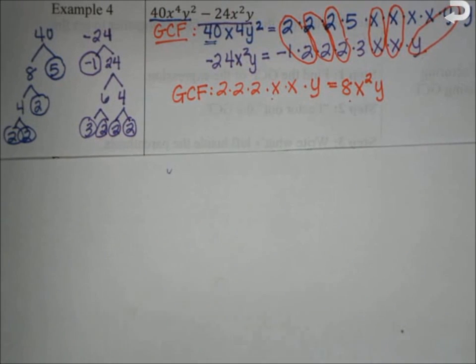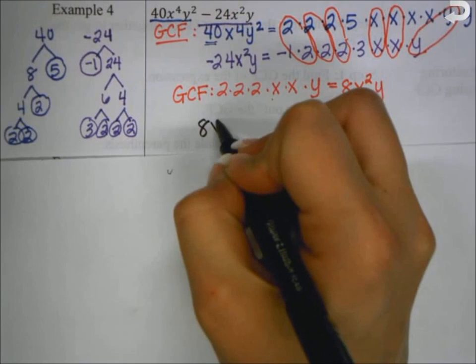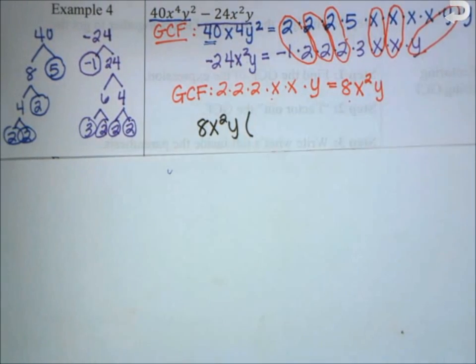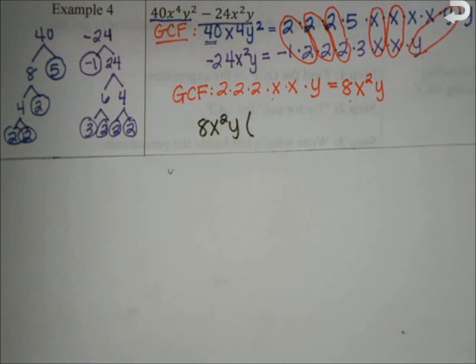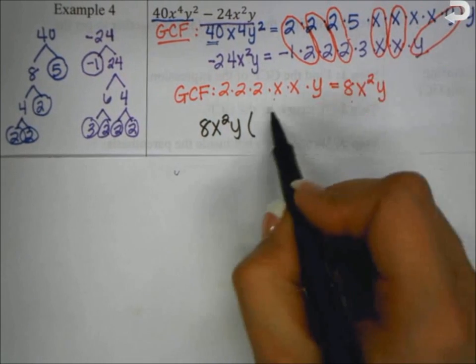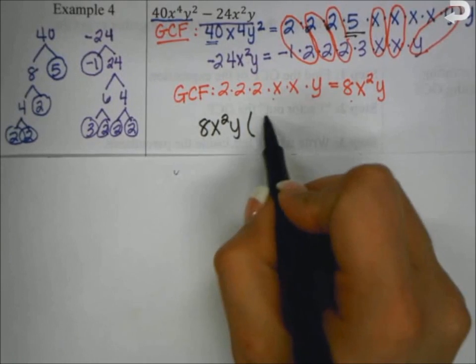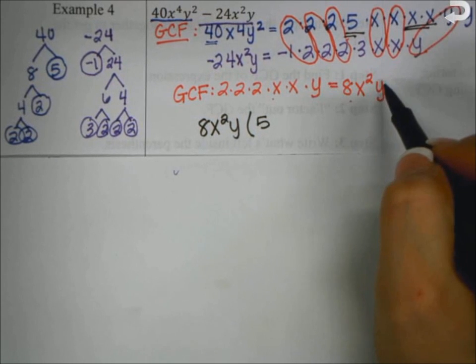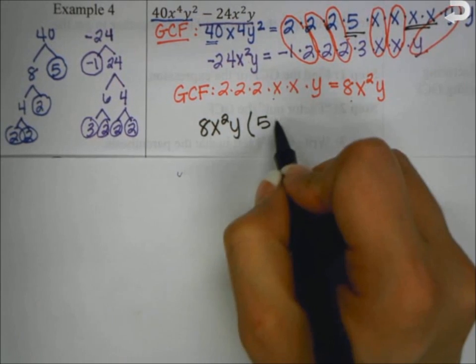So I factor that out. So I pull it out. What's left over? Of 40x to the 4th y squared, what was left over? 5. X times x, which gives me x squared times y. So 5x squared y.